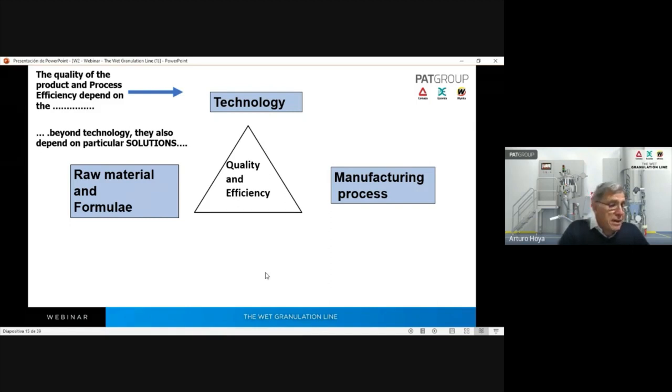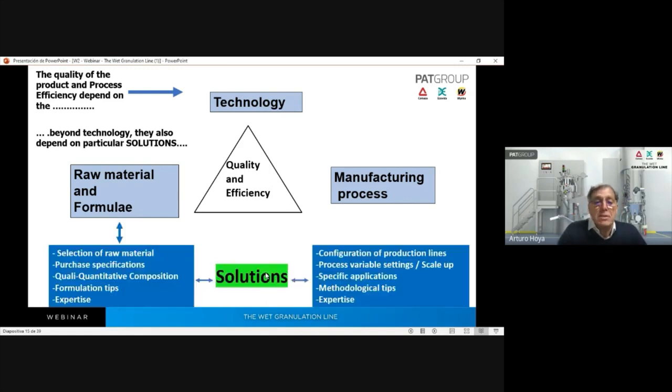It's important to pay attention to the raw material and formula as well as to the manufacturing process. Many solutions are available: selecting the raw material, purchase specifications, the composition of the formula, and formulation tips, expertise that we can give you, and the same for the manufacturing process.